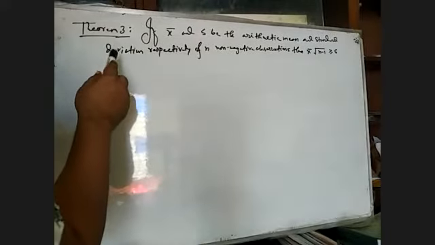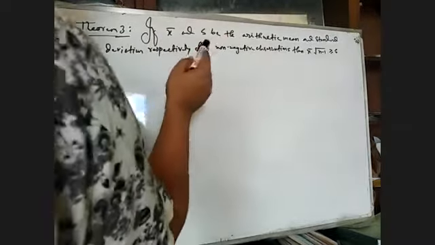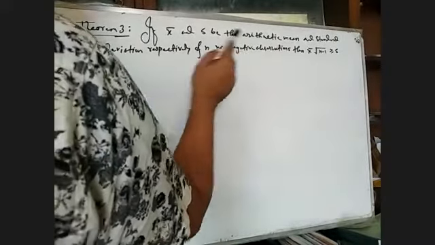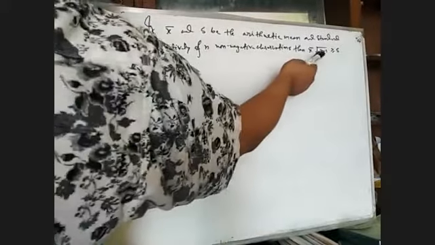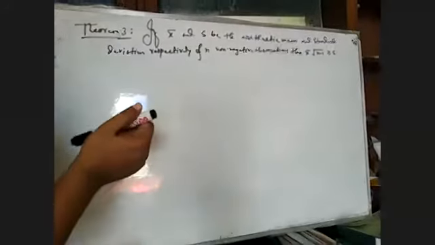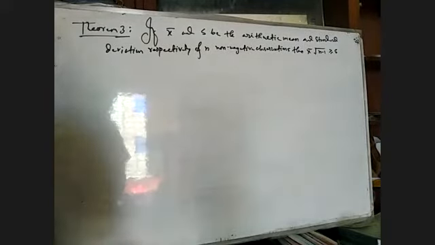Theorem number 3: if x bar and s be the arithmetic mean and standard deviation respectively of n non-negative observations, then x bar into root over (n minus 1) is always greater or equal to s. S means standard deviation and x bar is arithmetic mean.